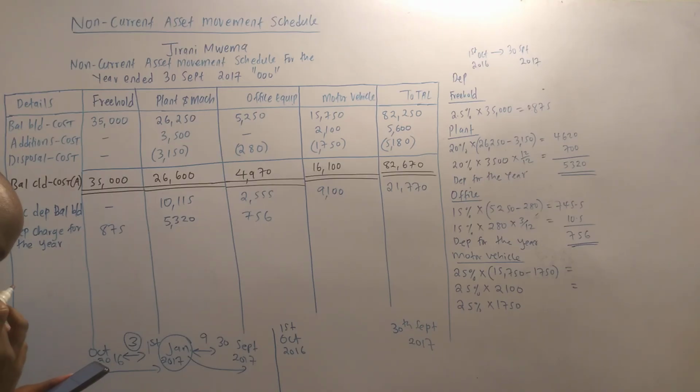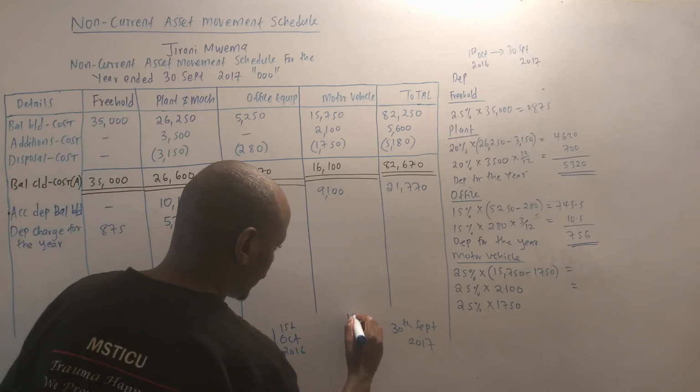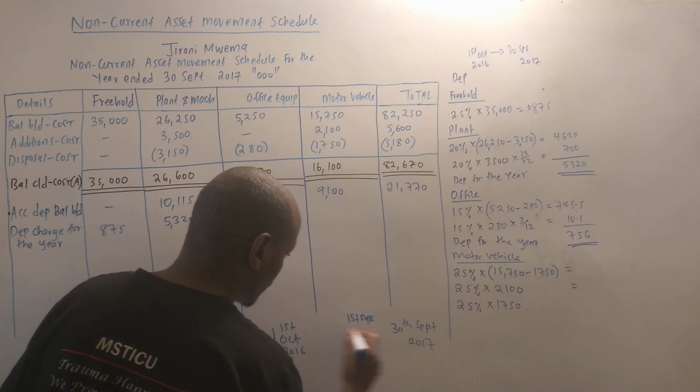Motor vehicle number 1 for 2100. The asset was acquired on 1st April. Let's assume it is here, 1st April 2017. Let us see the period.